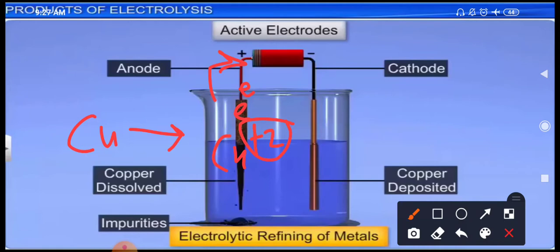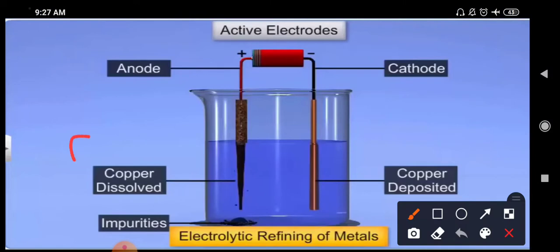While this Cu2+ will transfer through the solution and reach the cathode, because you know that positive charge is attracted towards negatively charged particles, and we have a copper 2+ ion which is positively charged, possessing a plus 2 charge.